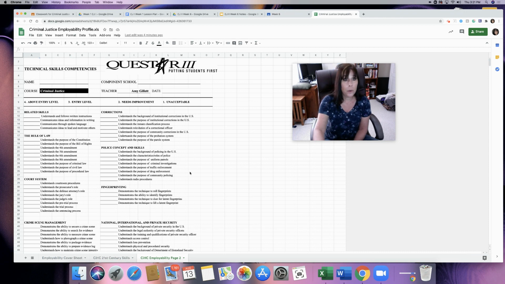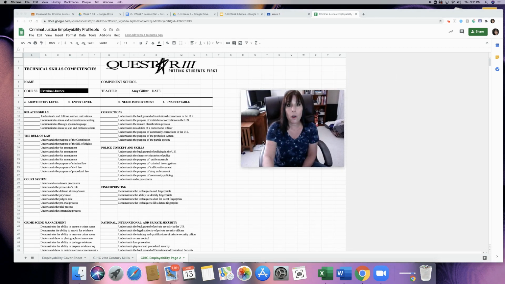These, and I know it's small, this is what we call the hard skills. These are all the things specific to criminal justice. And again, this is your grades, your actual grades with both my work in class, your tests, your quizzes, but the NOCD exam kind of informs these scores, because a lot of kids, I'm just talking about past experience, kids like to put 4s down for everything.